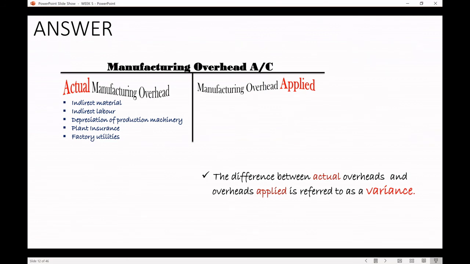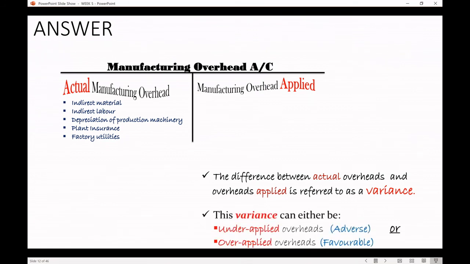So from this and based on what we would have said before, you're seeing, okay, the applied is the budgeted, right? What was applied is the budgeted. And your budgeted is what you calculate at the onset of production before it finished. So here the applied is something that we might have to calculate, right?